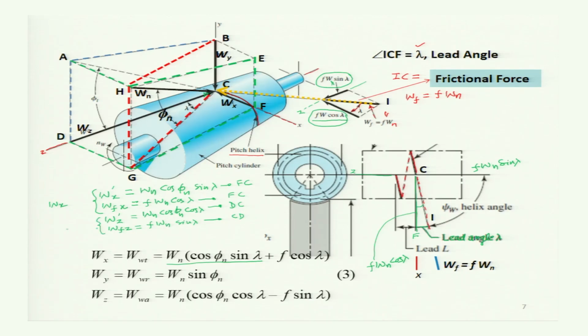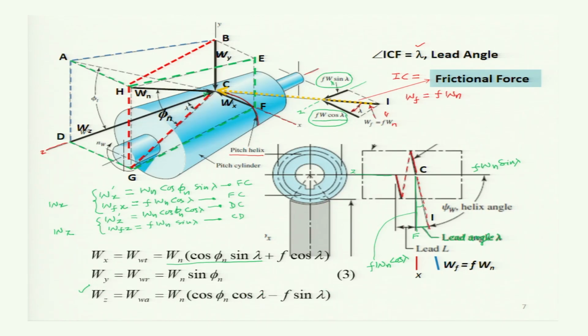So the total force along the direction of z will be Wz dash minus Fwn sin lambda, and that is shown here. Wz is equal to Wn cos phi n cos lambda minus F sin lambda.